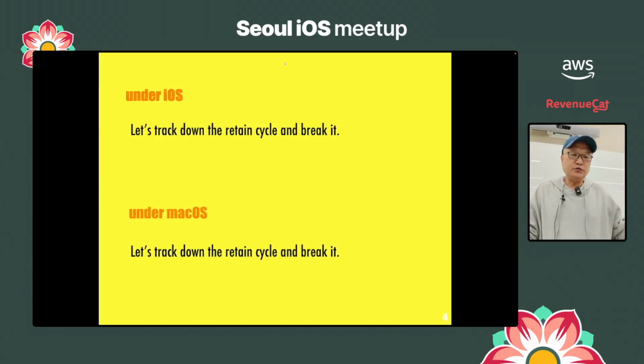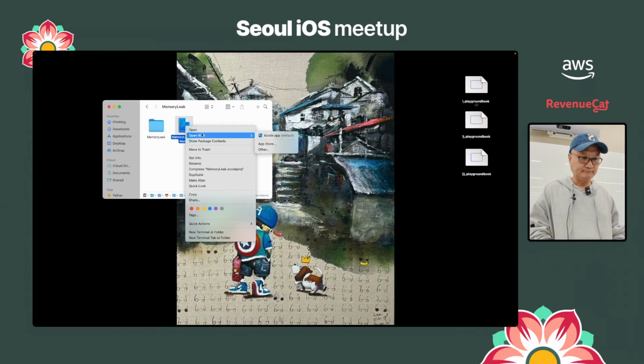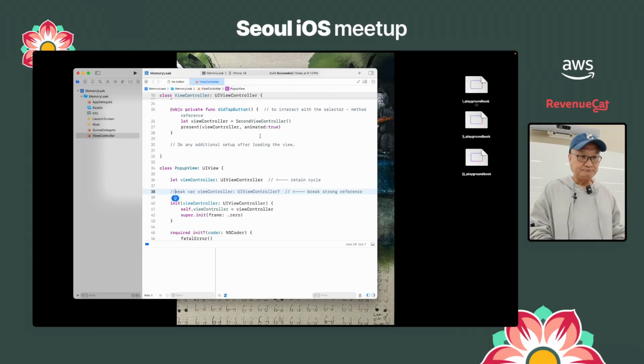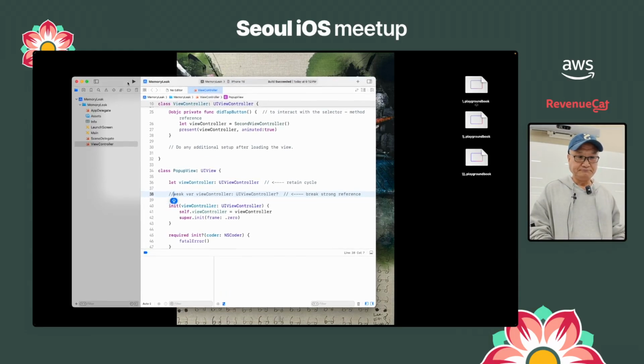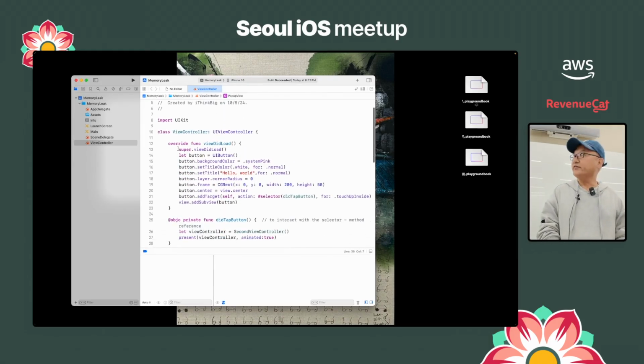I have prepared two projects, one on iOS and another one on macOS. At first, on iOS, let's track down the retain cycle and break it. Simply, this project has three classes.